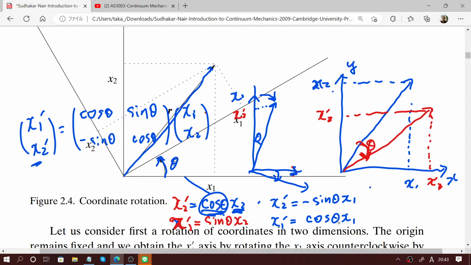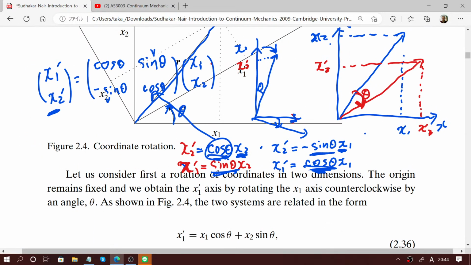And x2 and x1 prime are connected by sine theta, and x1 goes with minus sine theta to x2 prime, and x1 with cosine theta goes to x1 prime. Yeah, this is correct. So let me check.